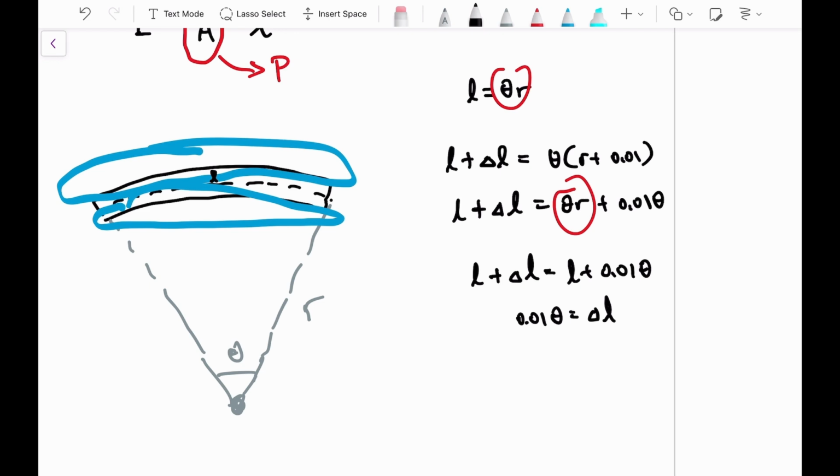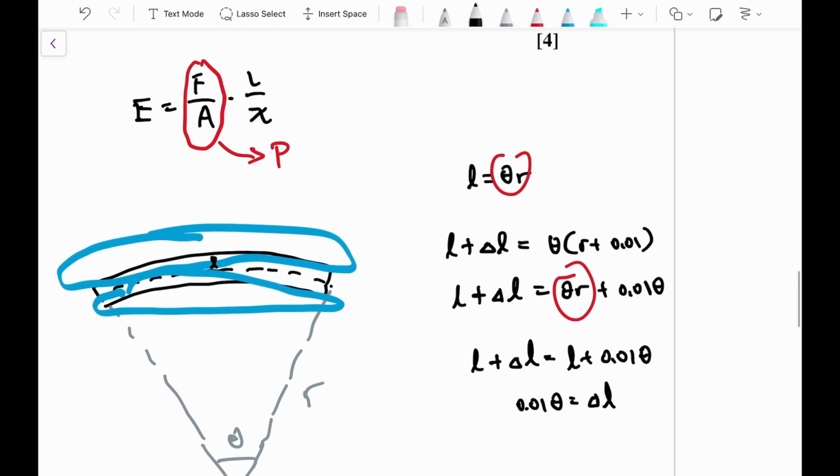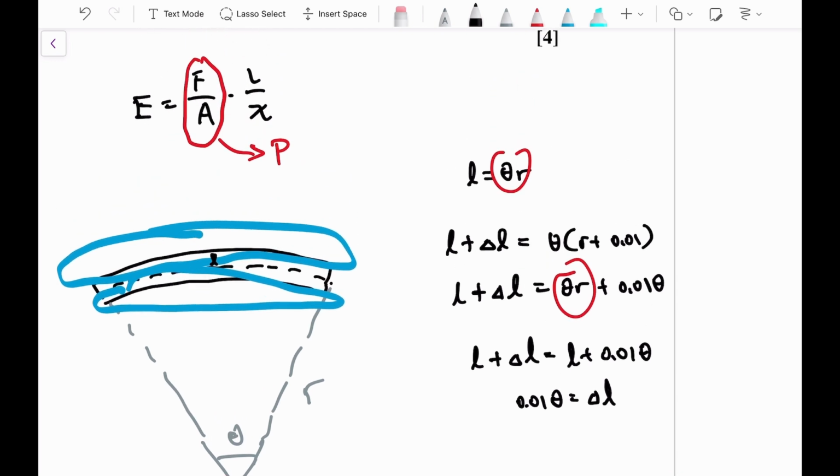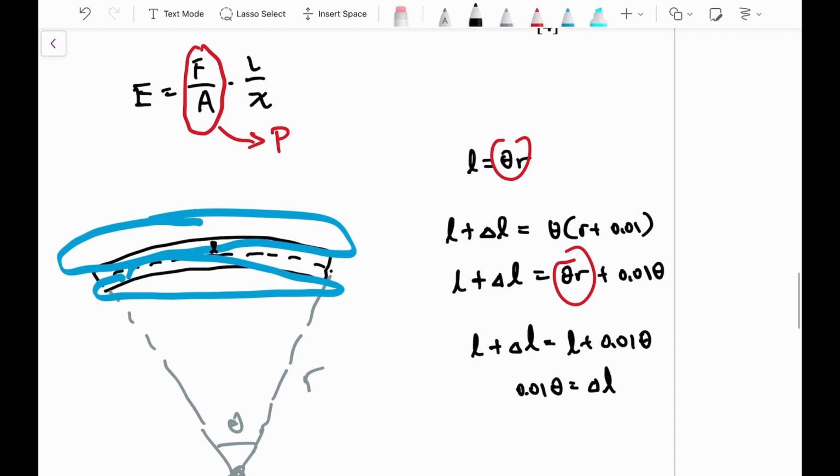Now we have to relate this back to Young's modulus. We know the pressure, so what we want simply is the strain. How do you calculate the strain? We actually expressed the change in length from this, so now we can calculate the strain.